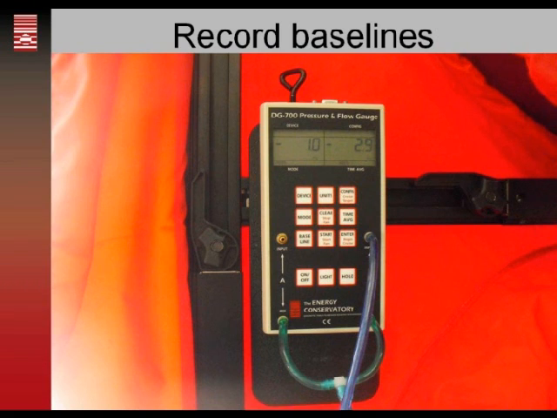So we're recording baseline numbers here, and you can see on channel A we've got a -1 pressure from the house to outside, and on channel B we've got -2.9 from the attic. We've got a blue hose going from the attic, and that's our attic to outside baseline number.